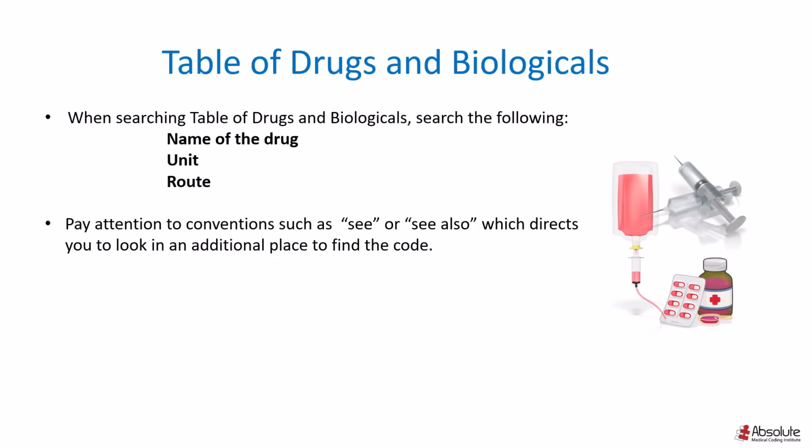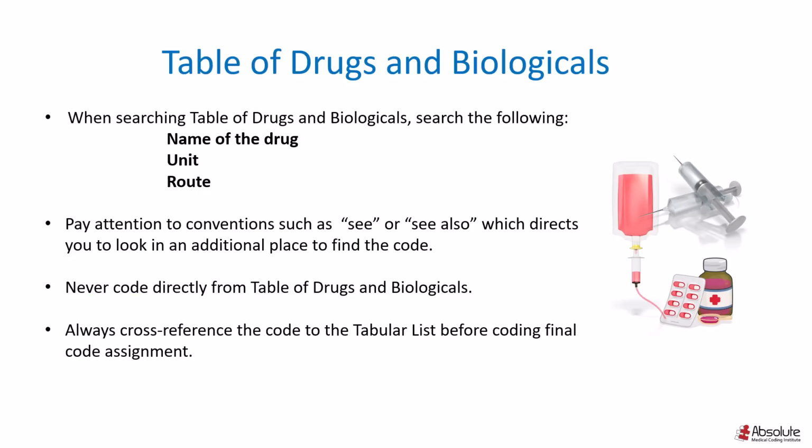Pay attention to conventions such as see or see also, which will direct you to additional places to find the code. And finally, never code directly from the table of drugs and biologicals. Always go to your tabular list and verify the code before the final code assignment.